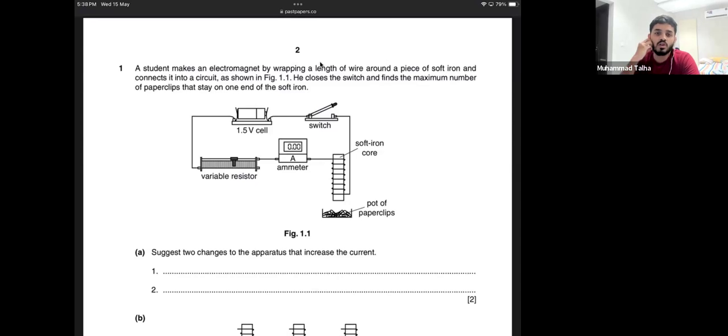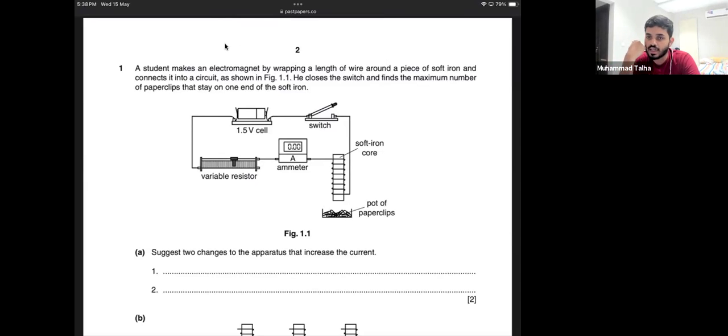Well, one of these is very obvious, right? You just reduce the resistance of the variable resistor. What else could you do? How do you increase the voltage? If you look here, this is a cell.